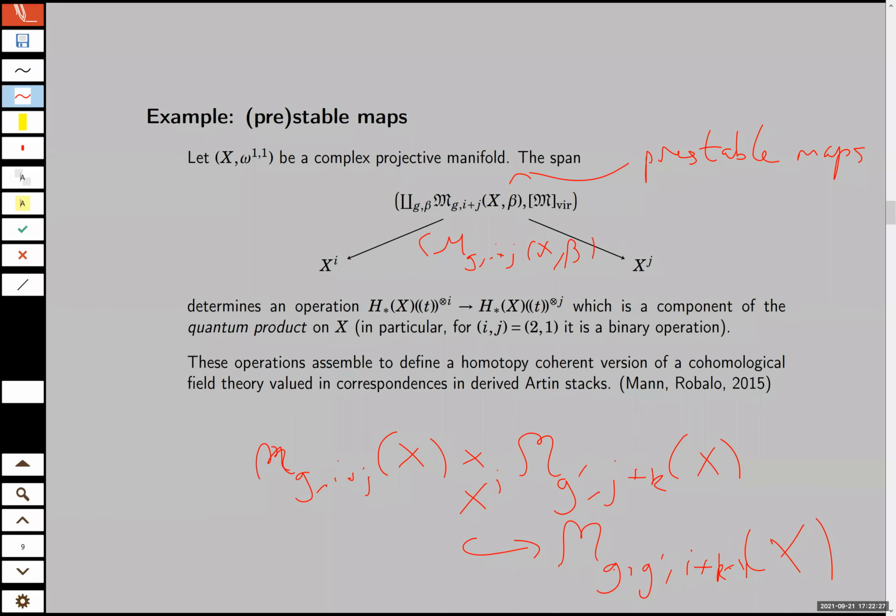And then there are additional steps you can go through, with the stabilization and applying the derived categories, to get to the ultimate object of interest. So once again, it was all defined at the level of correspondences.